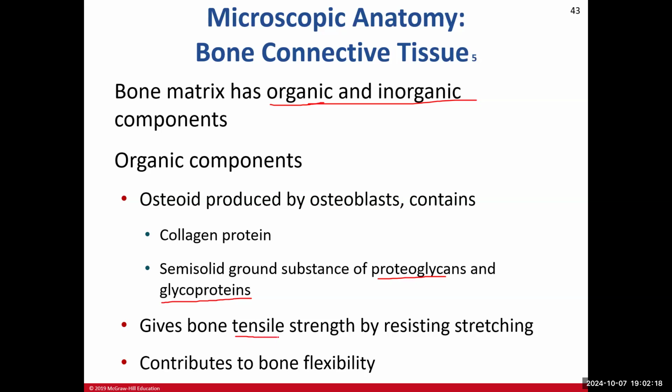It takes a pretty significant amount of force to break a bone. But at the same time, we don't have a lot of flexibility because we don't have a lot of ground substance, not as many elastic fibers that you would see in other tissues and whatnot. All right, but just kind of keep that in mind when we're talking about the organic components here.